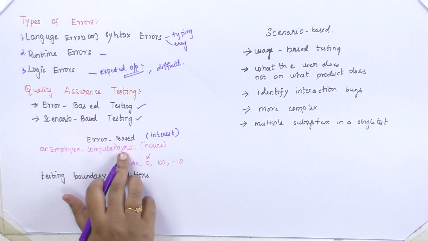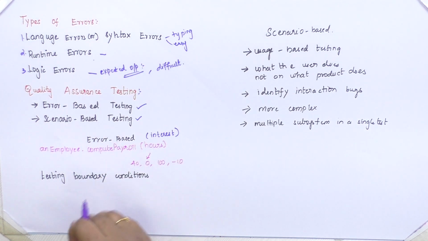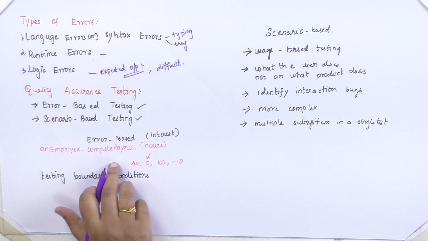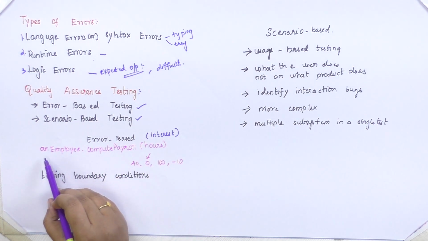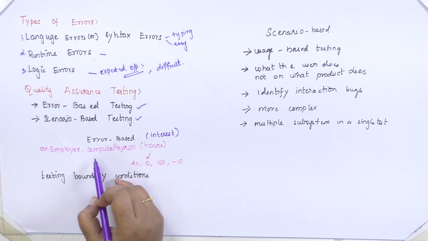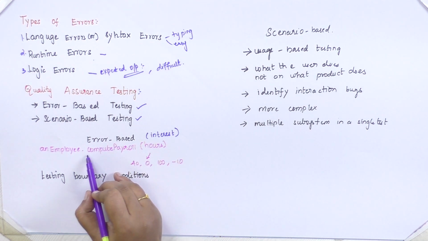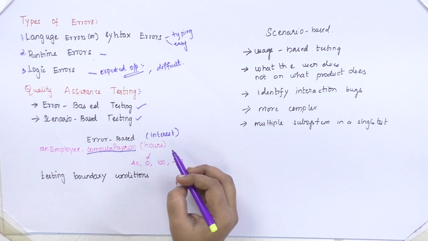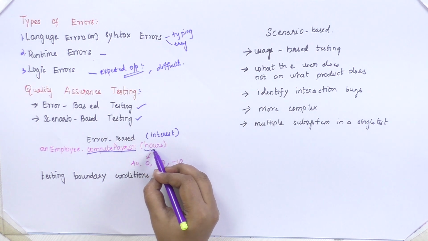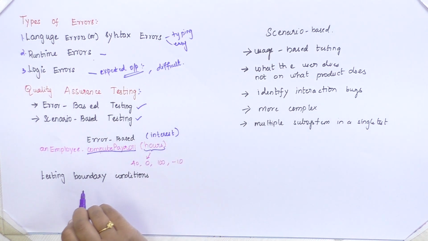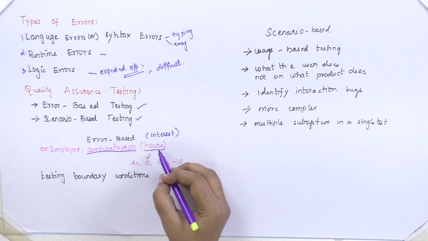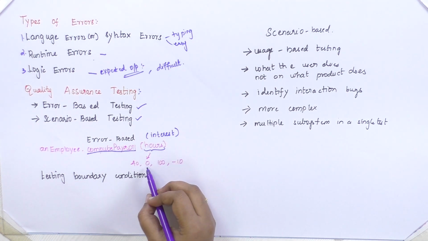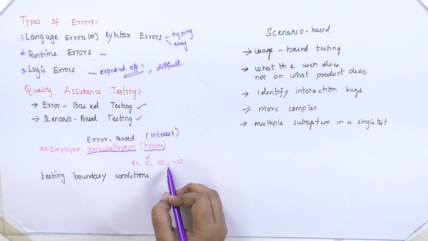For example, if you want to test the payroll computation method of the employee, the compute payroll method, you have to give different values for the parameter hours taken by this method. You can give values like 0, 40, 100, minus 10.